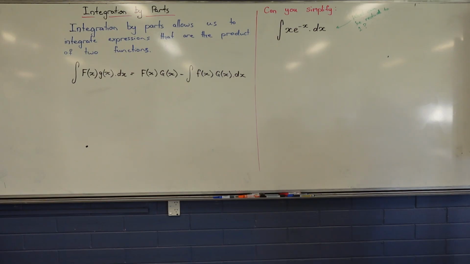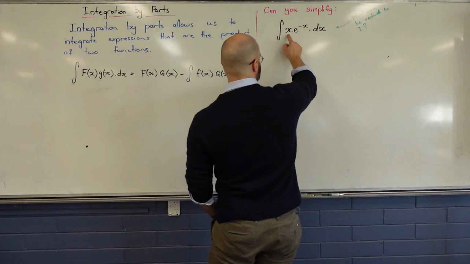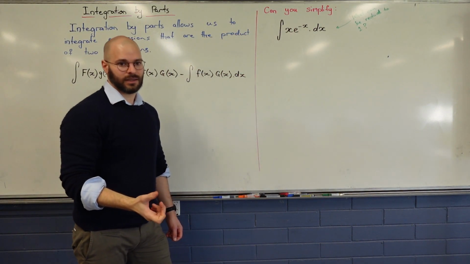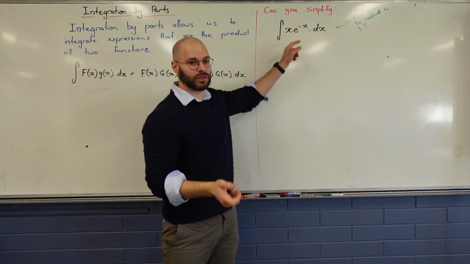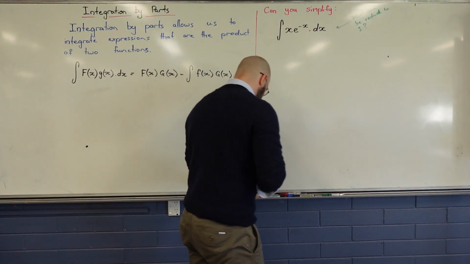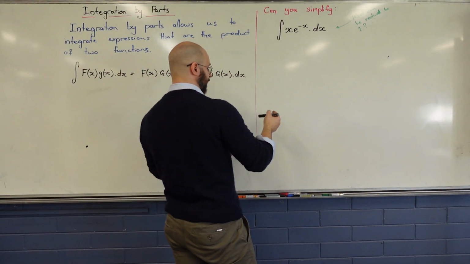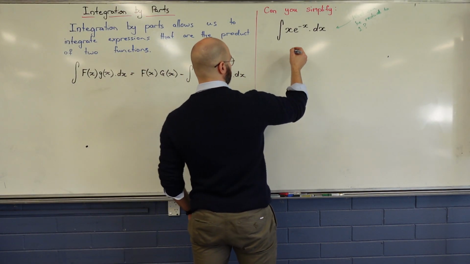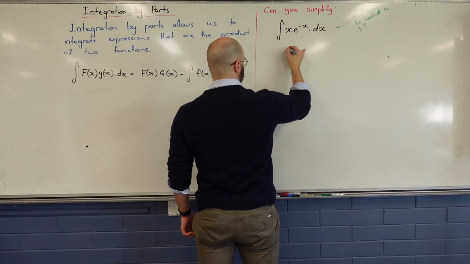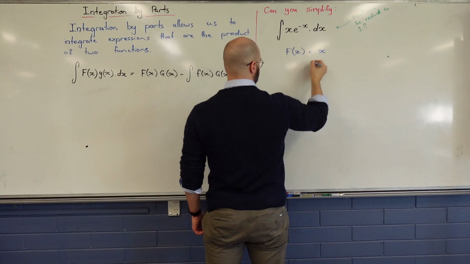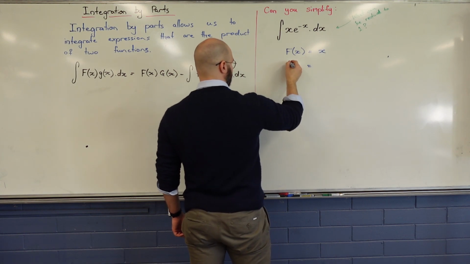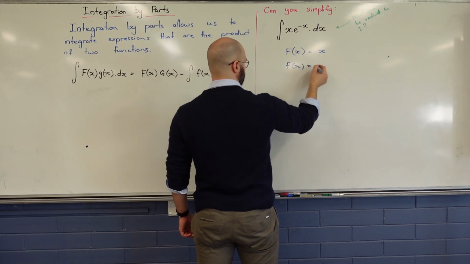X. So what we're going to do is differentiate x, and the other function, e to the negative x, is what we're going to integrate. So because we're going to differentiate x, I'm going to say f of x is equal to x, and the derivative of f of x is going to be 1.